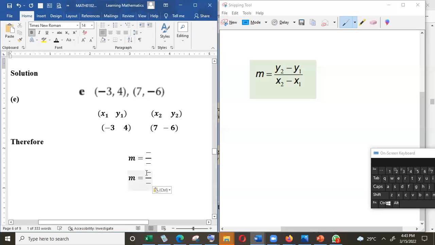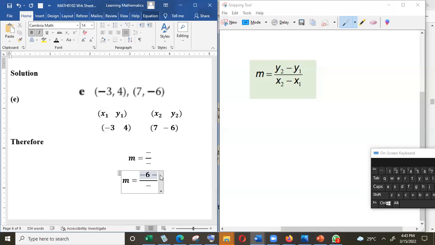What is the first number we put there? y2. y2 is -6. The formula comes with a negative sign. So y2 is -6, subtract y1.